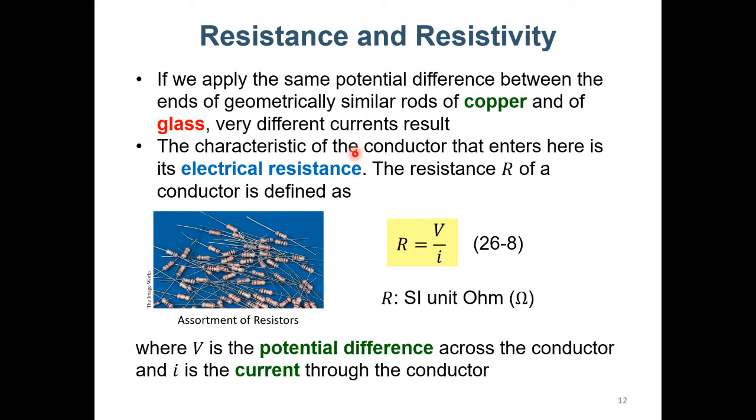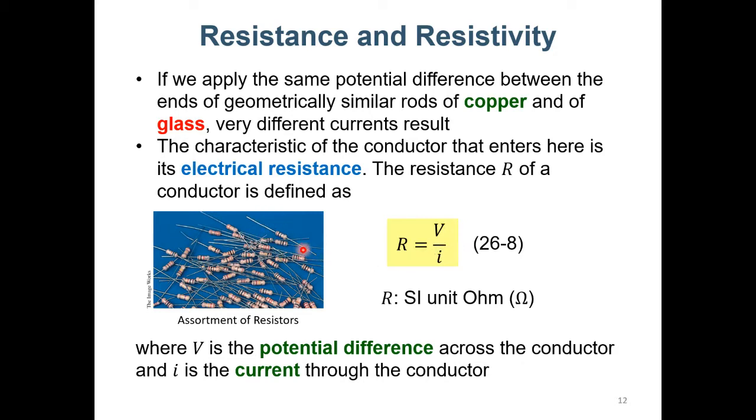The resistance R of a conductor is defined as R equals V over I. So this is the resistance, this is the voltage, and the current. The voltage is the potential difference across the resistance, and the current is going through it. So V and I are proportional to each other.